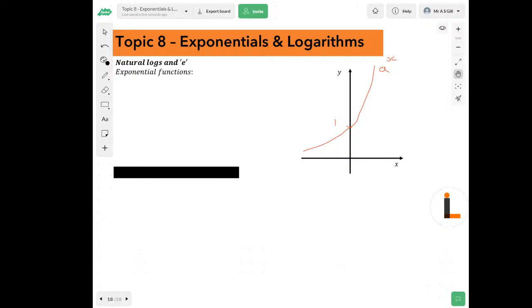And we also know that inverse functions are reflections of each other in the line y equals x. So if that function we've just drawn there, the orange one, is a to the x, an exponential function, then a logarithmic function is going to be a reflection in this line here.